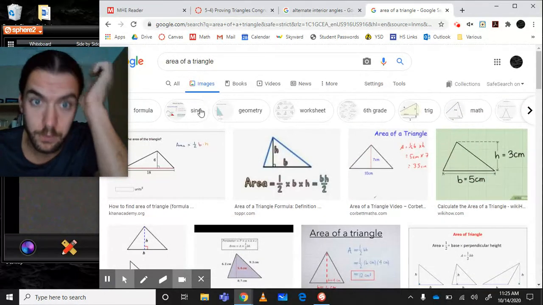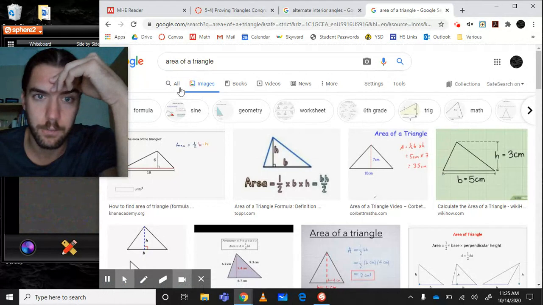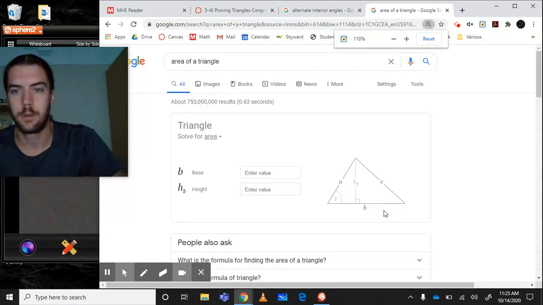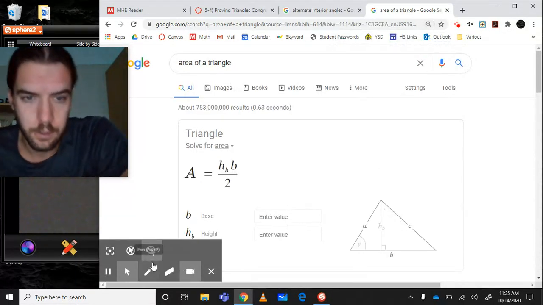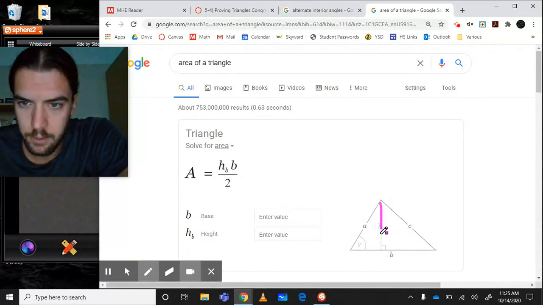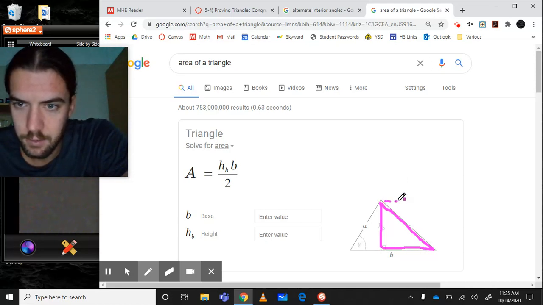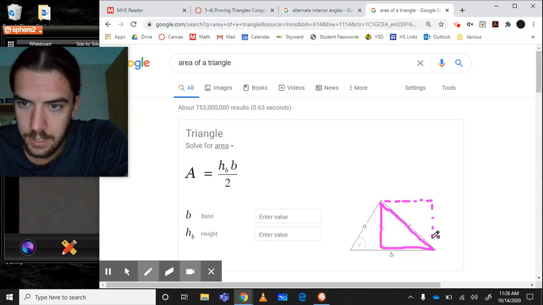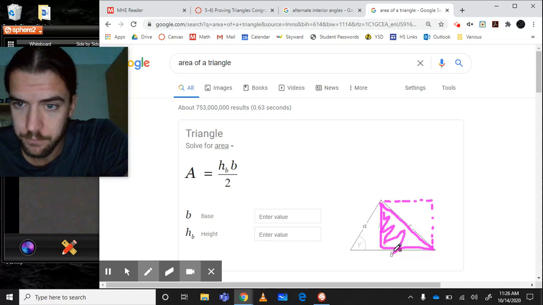So if I look at this right triangle and multiply the base times the height, I get this rectangle. And if I just do 1/2 the base times the height, then I get half that rectangle. I get the area of the triangle here.